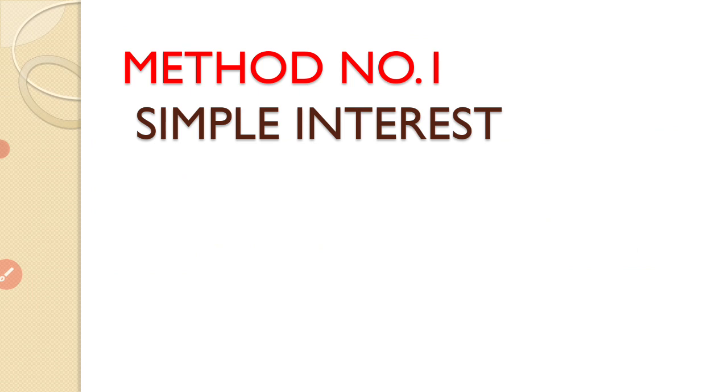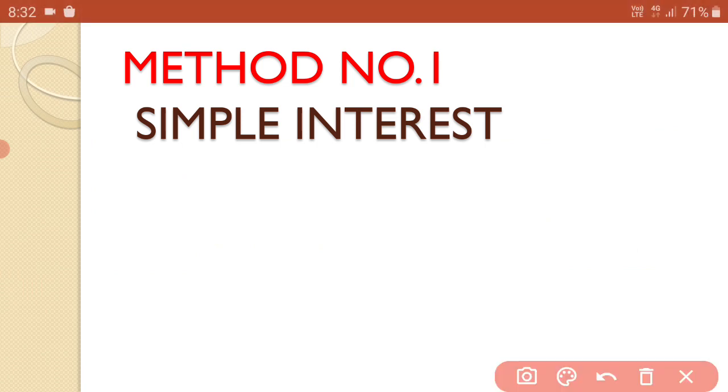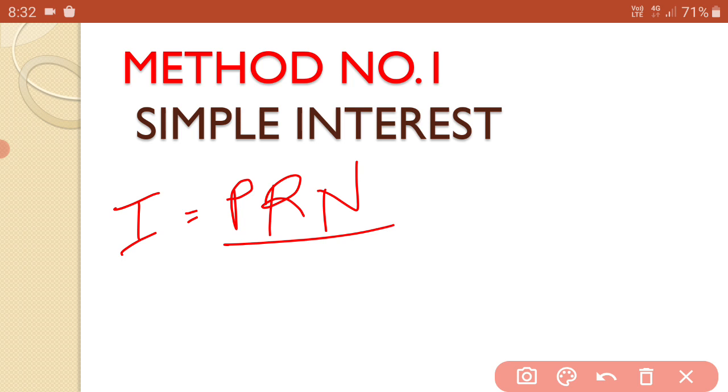Today we discuss two methods. Method number 1, simple interest, and method number 2, compound interest. All of you know about simple interest, and I think you studied this topic in standard 8 also. The formula is I is equal to PRN upon 100.